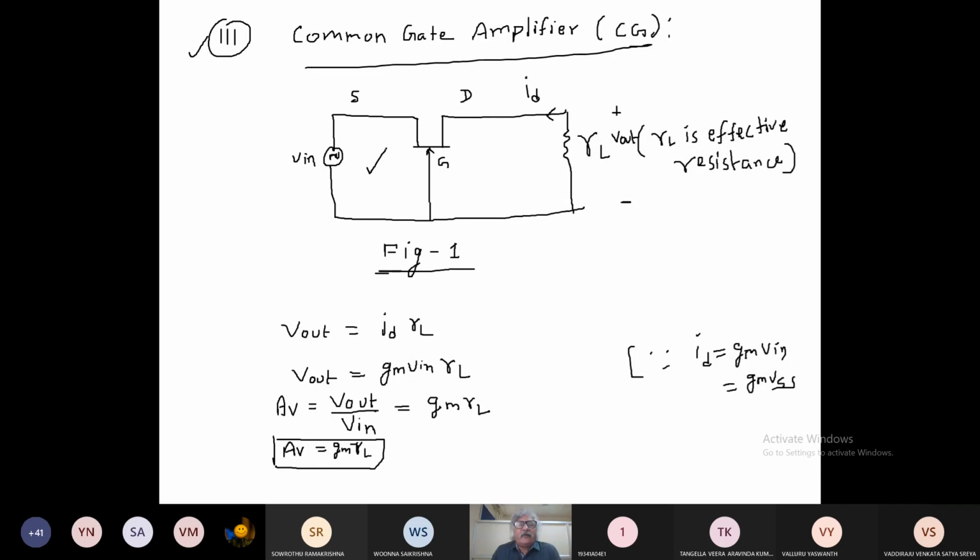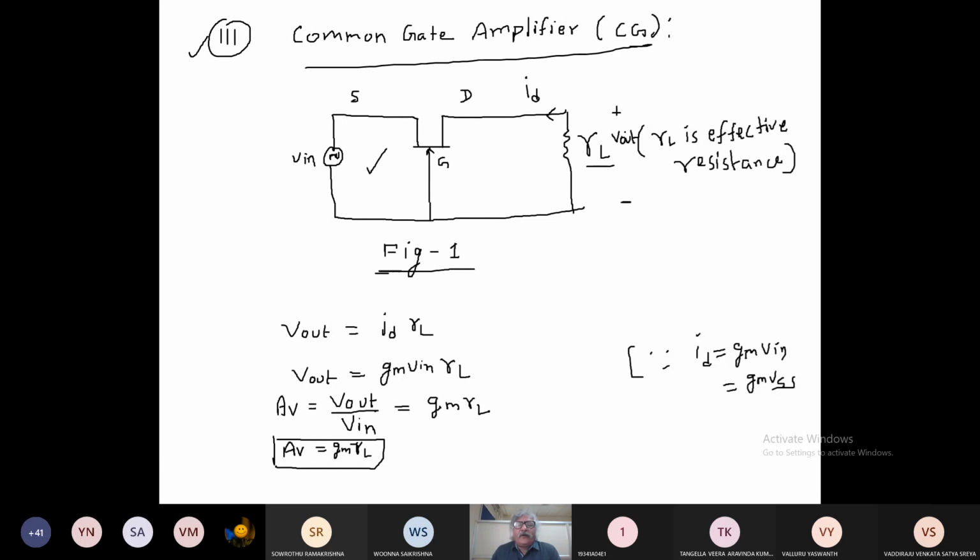For the input section, we have connected one source V in, which has to be amplified, and at the output section we have the load resistance and RDS. Effectively we have replaced those resistances which are in parallel with the effective resistance, that is small RL, right?